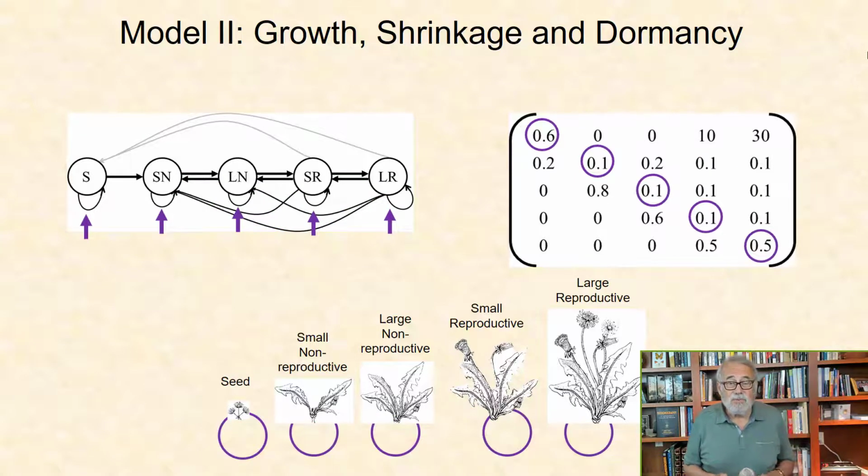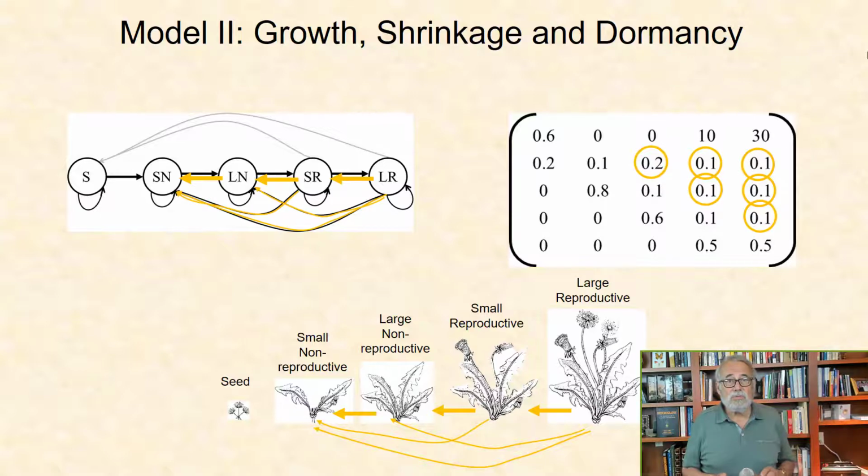The probabilities of remaining within a state are along the diagonal of the matrix. It should be noted that these stasis transitions represent individuals that stay in the same state and remain the same size. Regression of individuals into prior states may occur through transitions from reproductive to non-reproductive states and also as plants shrink to a smaller size class.